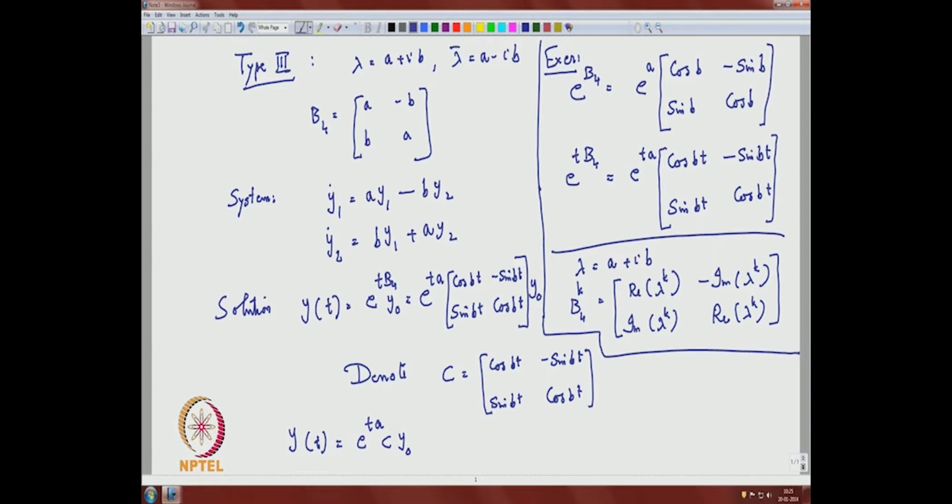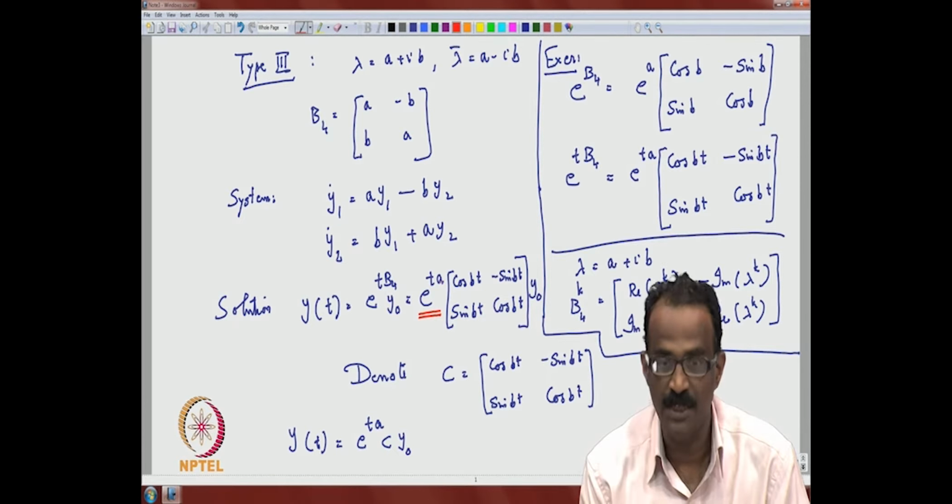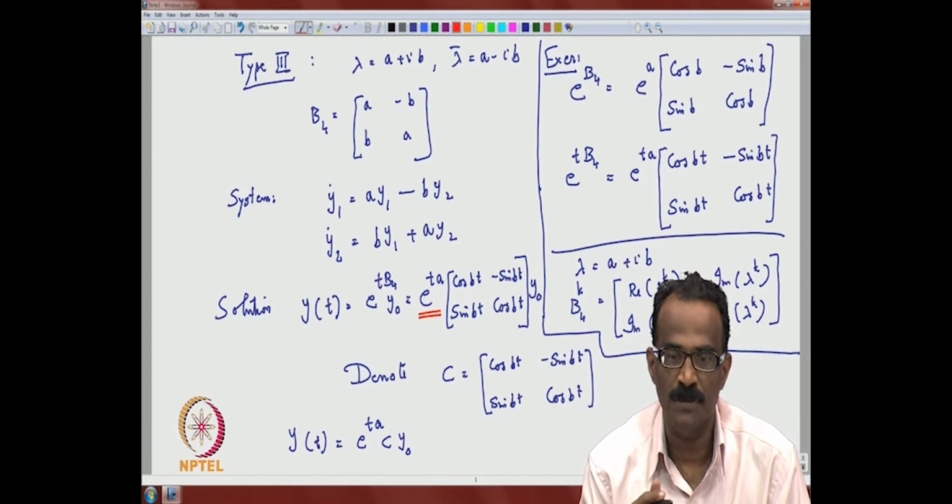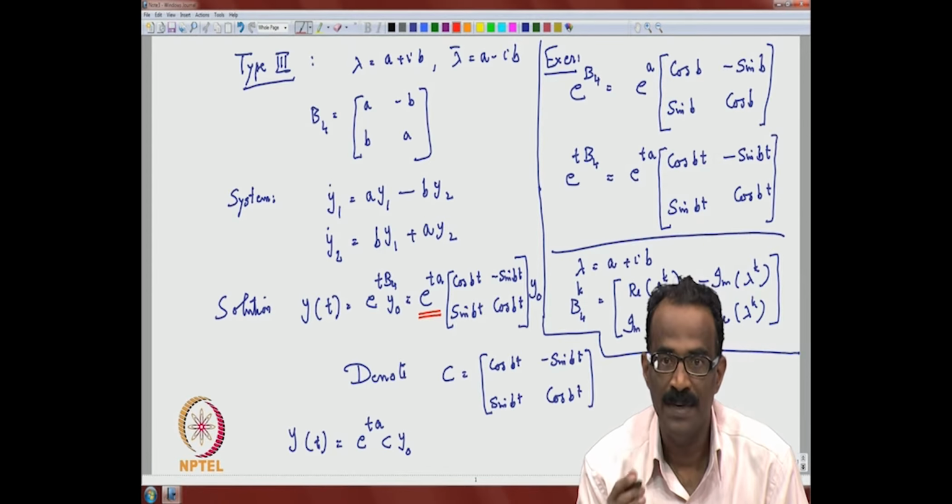To understand the phase portrait, that is where you have to understand now. As t tends to infinity, look at these terms here. Depending on the sign of a, e power t a will go to plus infinity or to 0. If a is negative, e power t a will go to 0. If a is positive, e power t a will go to infinity.